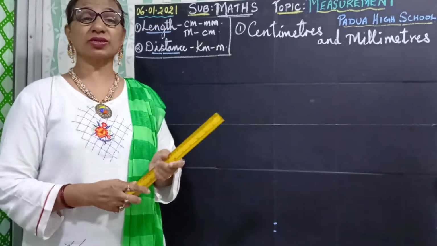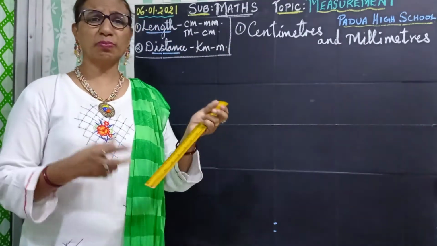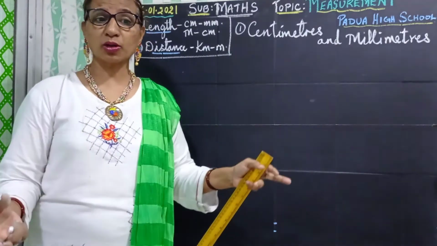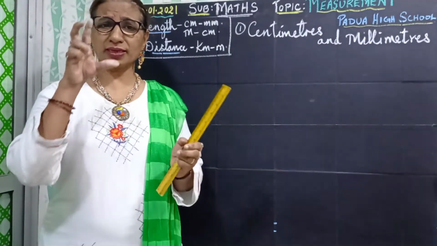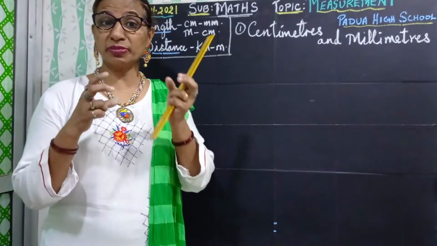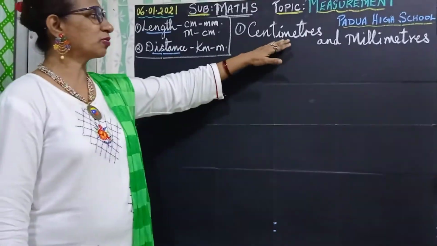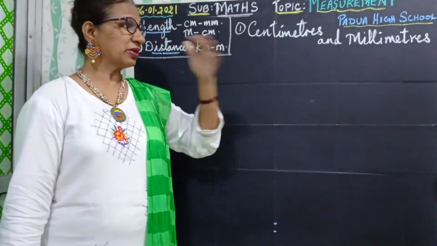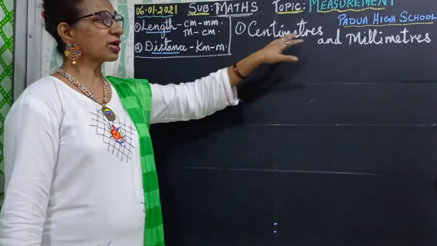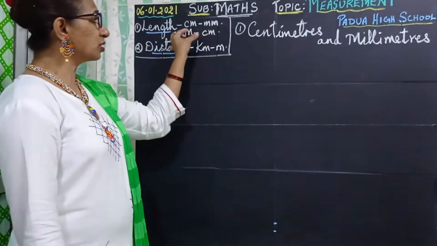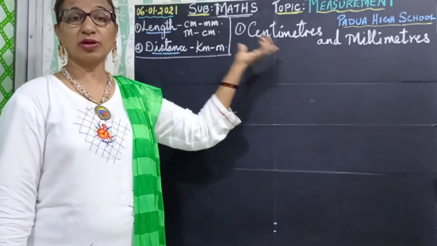Now when we measure the length, say the length of a book or the length of a cloth or the length of any small thing that we measure, we measure that length with the help of centimeters and millimeters. So centimeters and millimeters are the units of measurement for length.